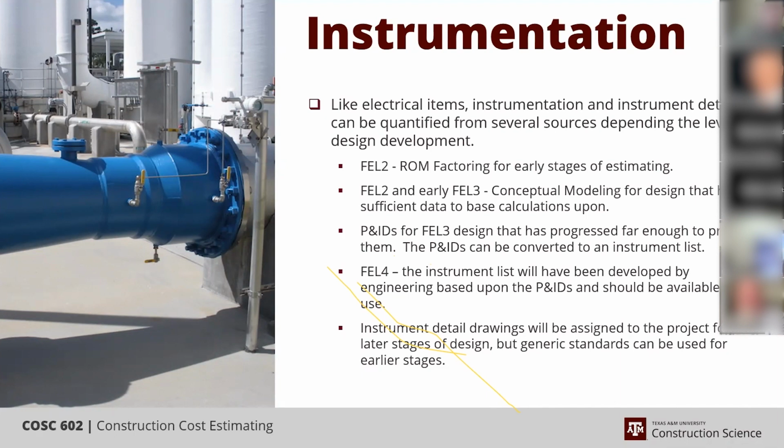By the time you get to FEL4, if you're in an EPC, you're going to receive an equipment list. And even if you're not, you still should receive an equipment list, if not a set of P&IDs to build your own. So it's not quite like electrical, where you have to generate your own quantities off of a one line schematic, which can be somewhat challenging.